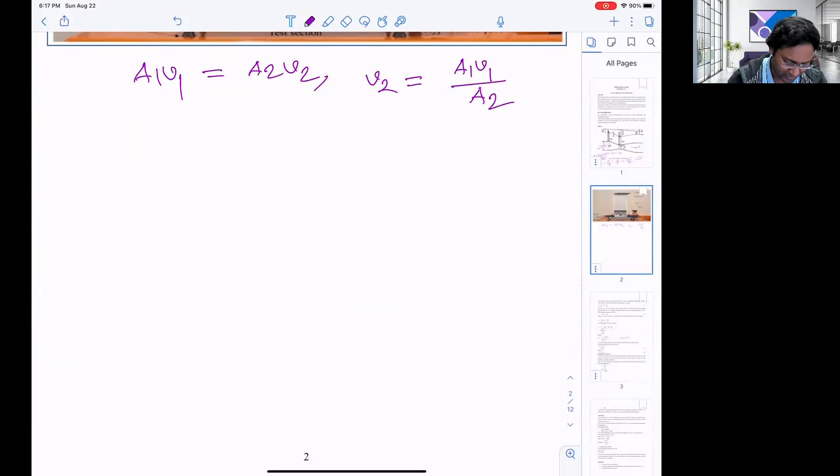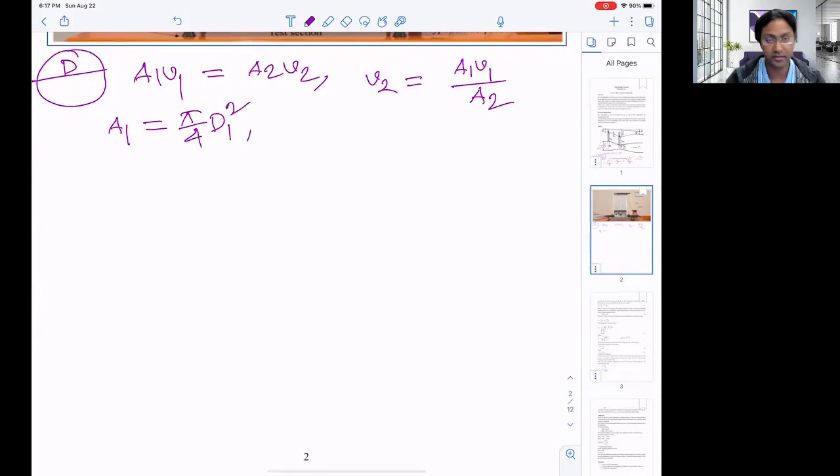And we know the diameter, and since the pipe section is circular, if you know the diameter D, A1 will be pi over 4 D1 squared. This is the cross-sectional area for a circular section. You know that very well, right?